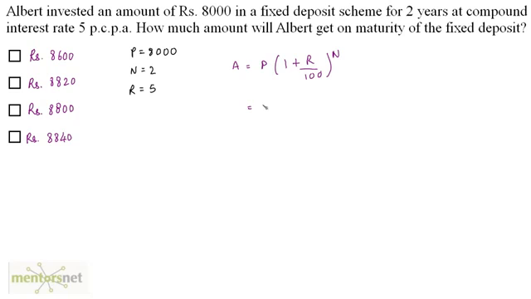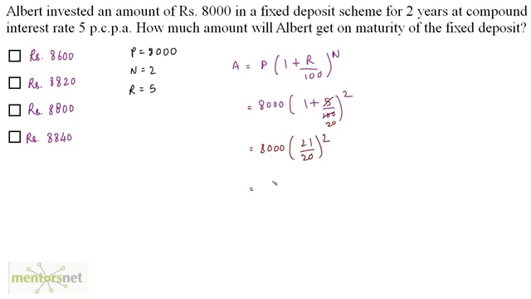P is equal to 8,000 into 1 plus R is 5 upon 100 raised to 2. So 5 times 20 is 100. So we have 8,000 times 20 plus 1, that's 21 by 20 square.